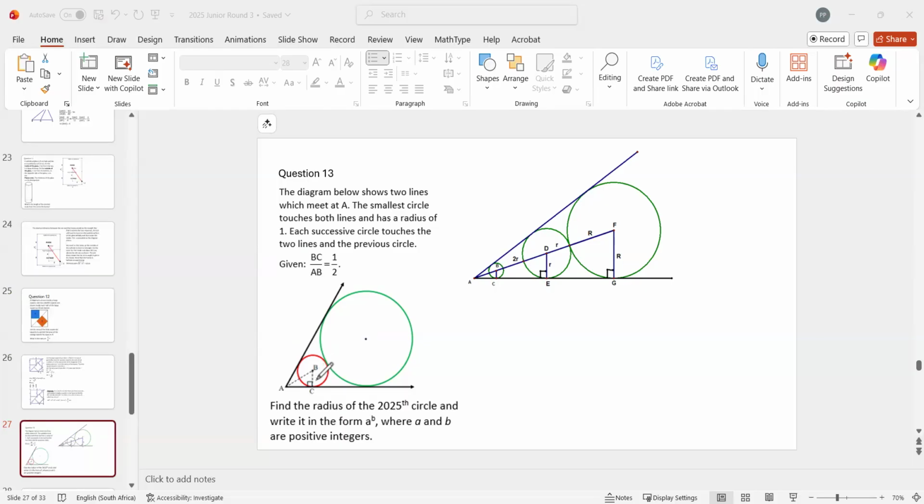Actually, using that ratio, you can calculate what this angle is. And it turns out this angle is actually 30 degrees, angle BAC. If this ratio BC over AB is a half, then if this is half the hypotenuse, then this angle will have to be 30 degrees.